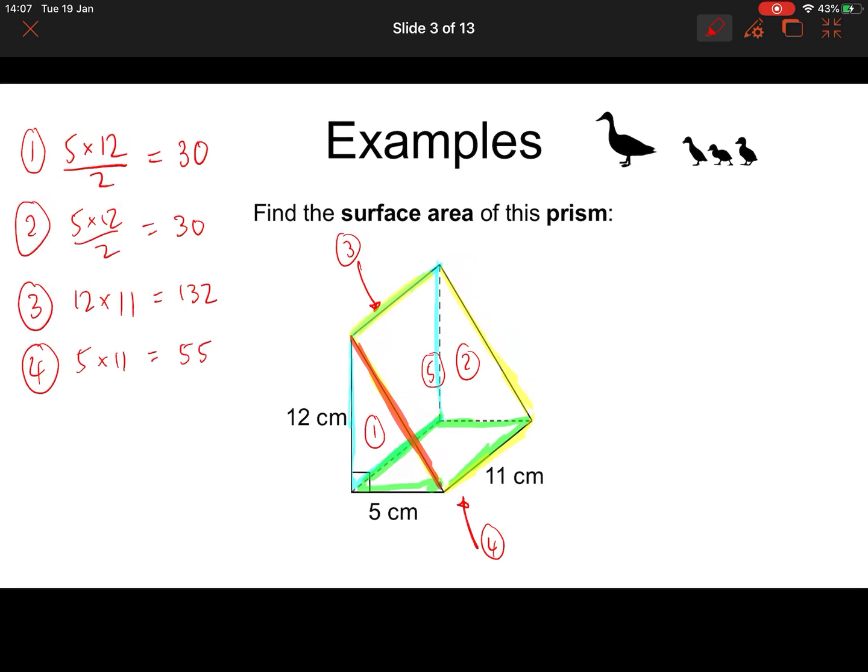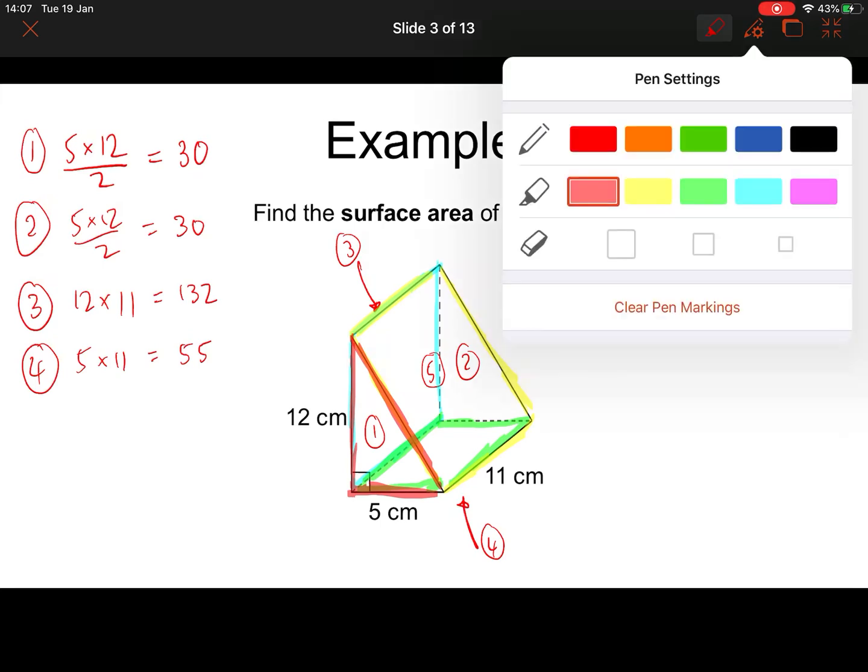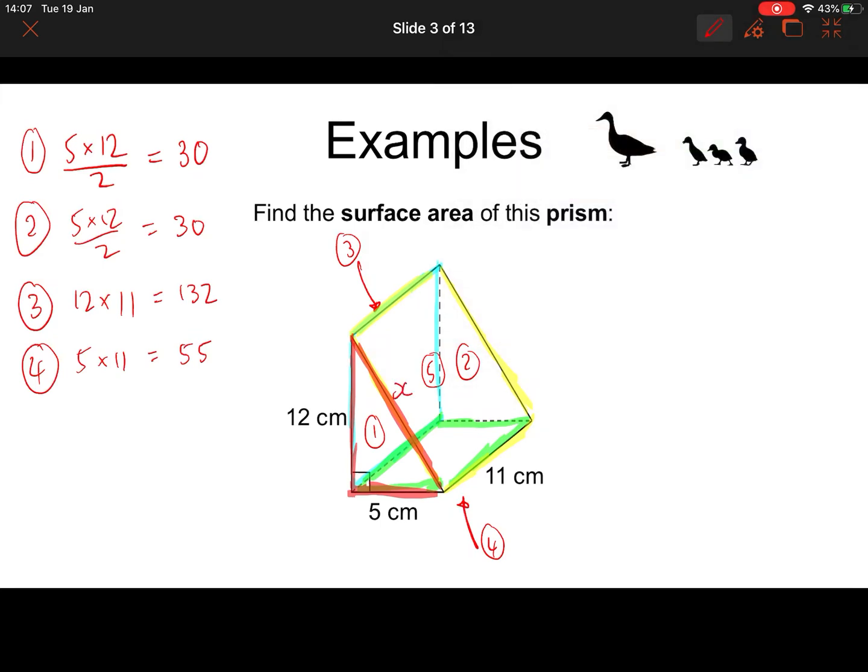Well, I don't really know at the moment, it doesn't tell me, but I should be able to work it out. How can I work it out? Well, I know this is a right angled triangle, and I know 2 sides of that right angled triangle, so I can use Pythagoras' theorem. So let's call this x, then we should know from Pythagoras' theorem that the hypotenuse squared, x squared, is equal to 12 squared plus 5 squared.